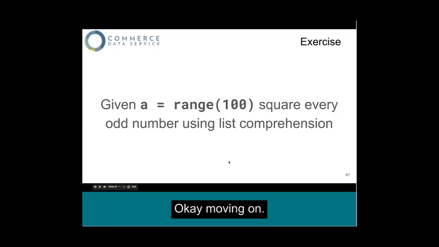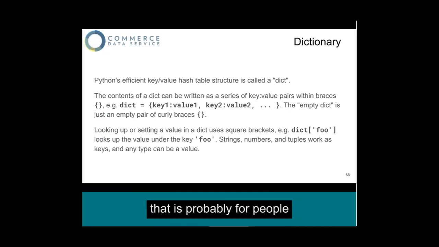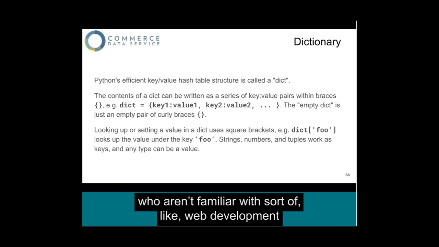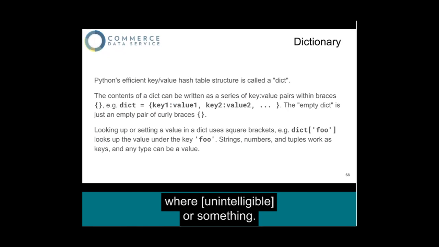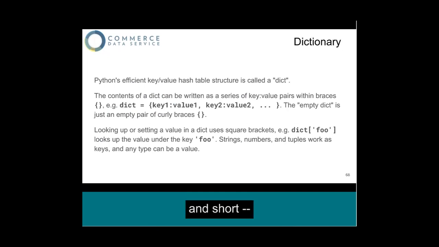Okay, moving on. We get to one of the last built-in types, which, for people who aren't familiar with web development or JSON, might seem a little foreign. It's called a dictionary in Python, often shortened to dict.